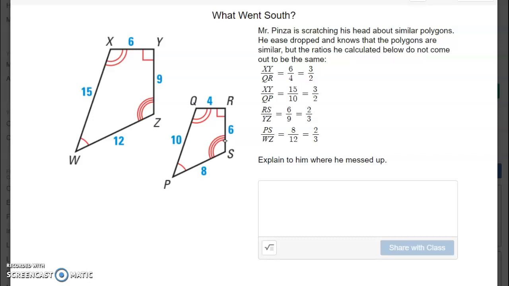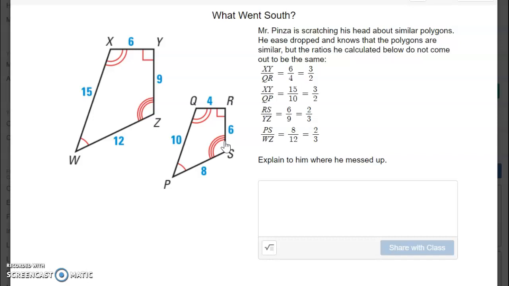That's correct. rs over yz is 6 over 9. That's correct. And ps over wz is 8 over 12, which is 2/3. Okay, what did he do wrong?